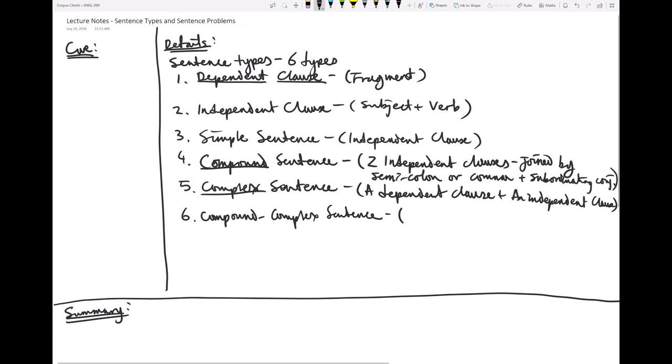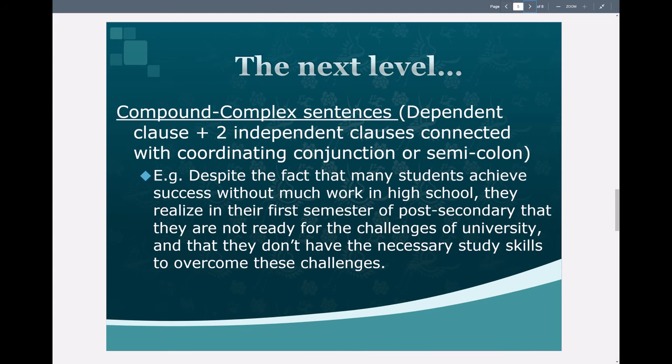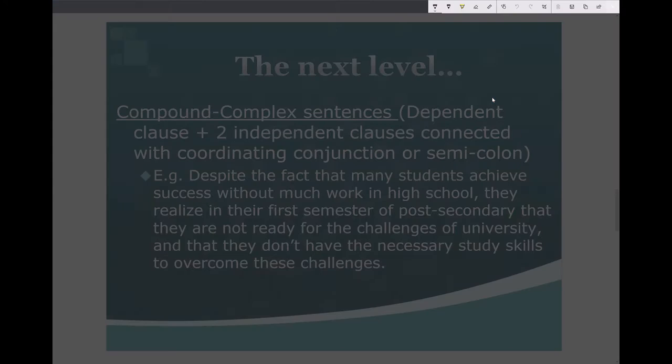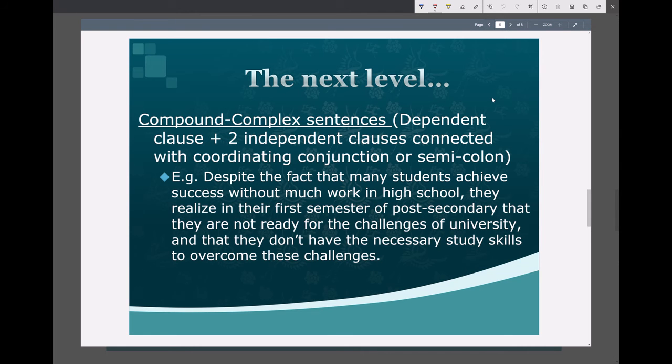So this is a bit more tricky. Let's see what the definition is for a compound complex sentence. It has one dependent clause, plus two independent clauses, and these three things are connected with a coordinating conjunction or a semicolon.